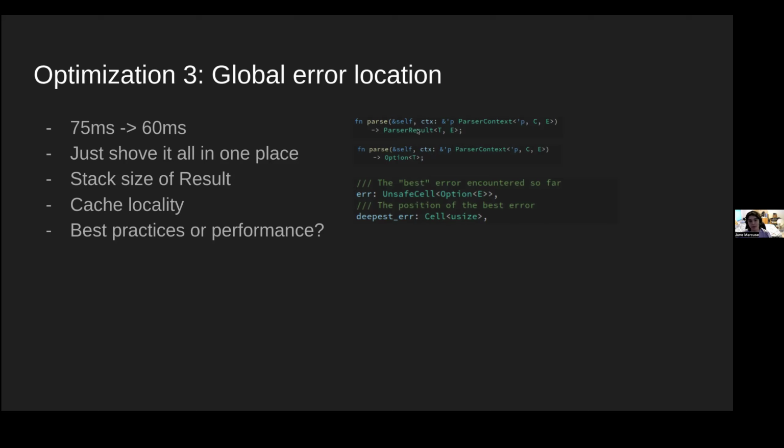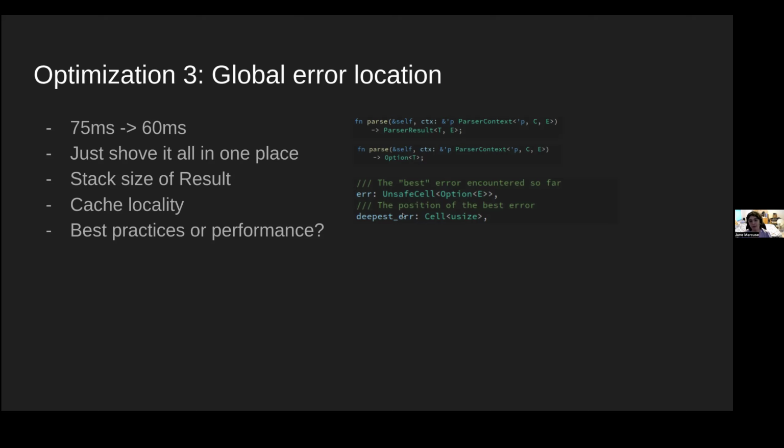When you use this parser result, even if you're not returning this error, it still has to allocate the amount of space that error would take, which means you are now returning a larger result, even if the parsing succeeded. And by eliminating that, and by passing around smaller values, we just do less work overall.